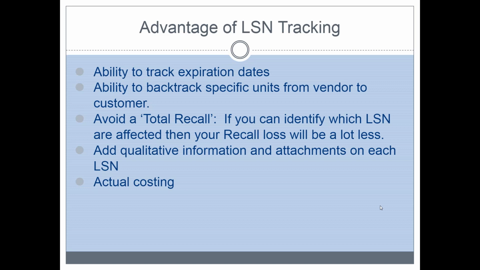That can significantly reduce what we call the recall loss. Customers have reported to us a 60 to 70% reduction in recall loss. We had a coffee grinder that started to use the system, and they went from $125,000 a year in recall loss to $5,000 per year.